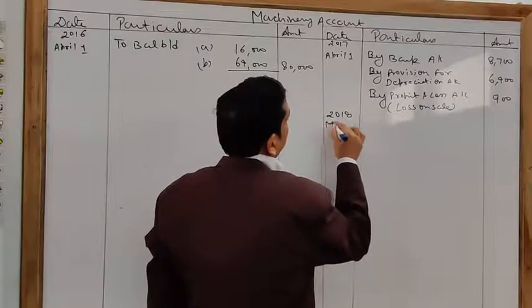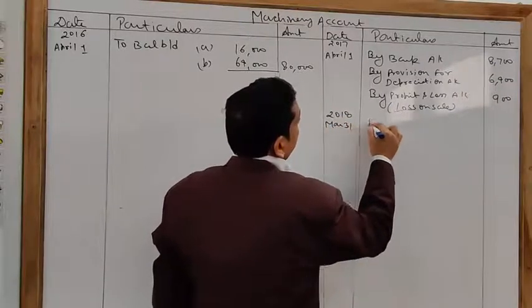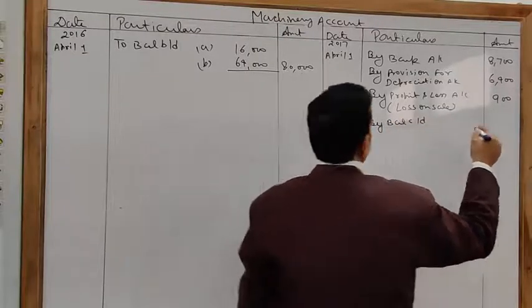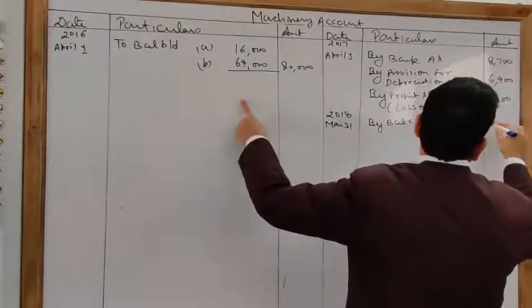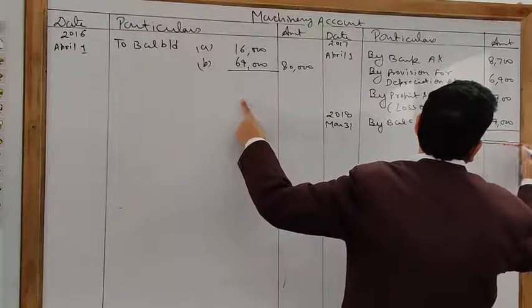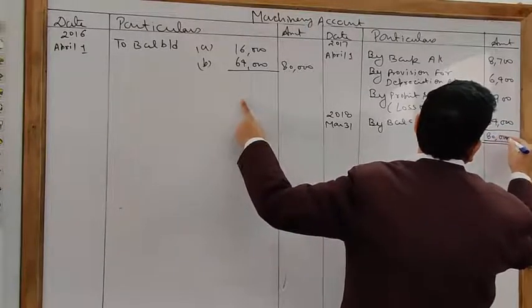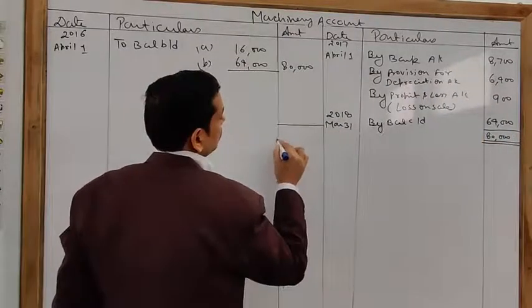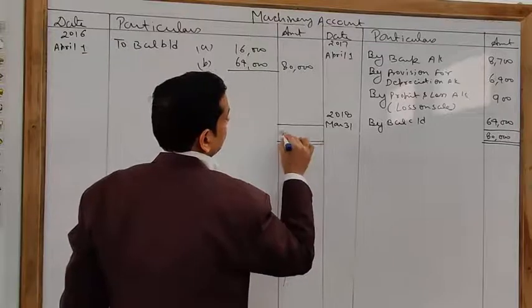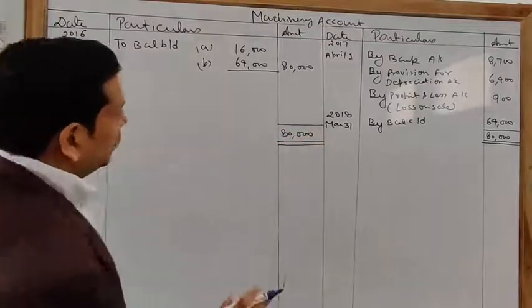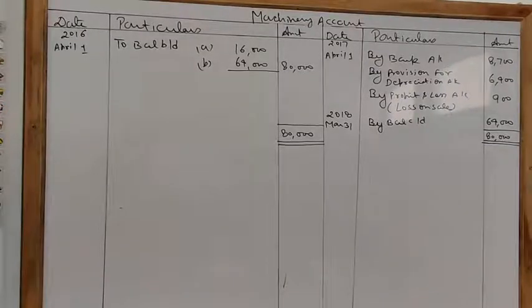2018 March 31st, by balance c/d, that is debit balance 64,000. Total is 80,000. Clear? So your machinery account has been prepared.